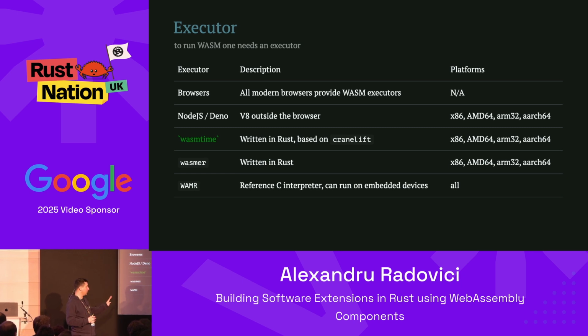It's written in C. It doesn't compile. It's slow. But it is the reference implementation. And while these executors work on the main architectures, this one works on anything, including small chips. So we have run WebAssembly components on 64K of RAM. Of course, it's slow. It's 10 times slower, but it works. We are going to use today Wasmtime.